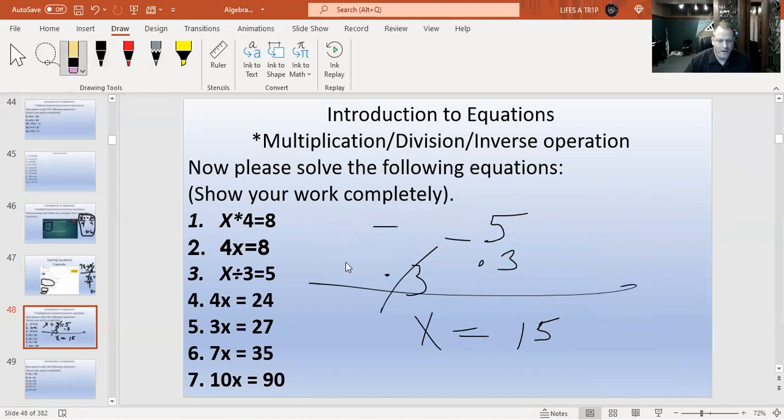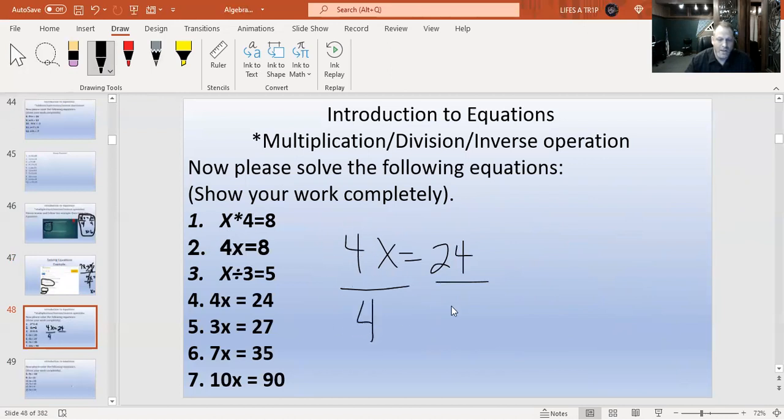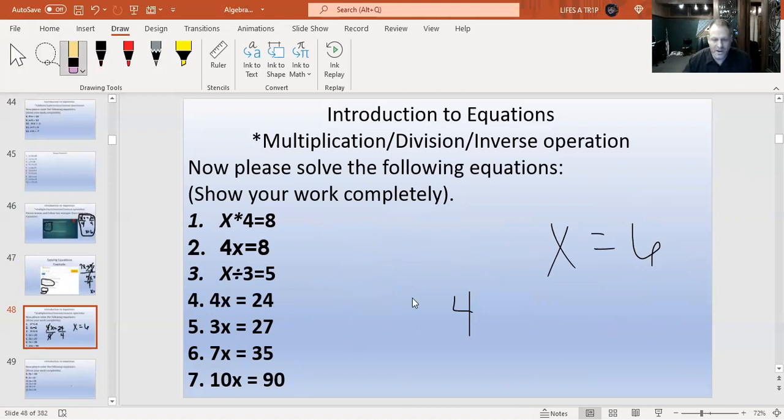Okay, let's do number 4. We actually can start moving along now. 4x equals 24. What do we put down here? This 4 right here, positive 4, positive 4, positive 4, cancel out, x equals 6. All right. And if you get stuck or whatever, back up the video.